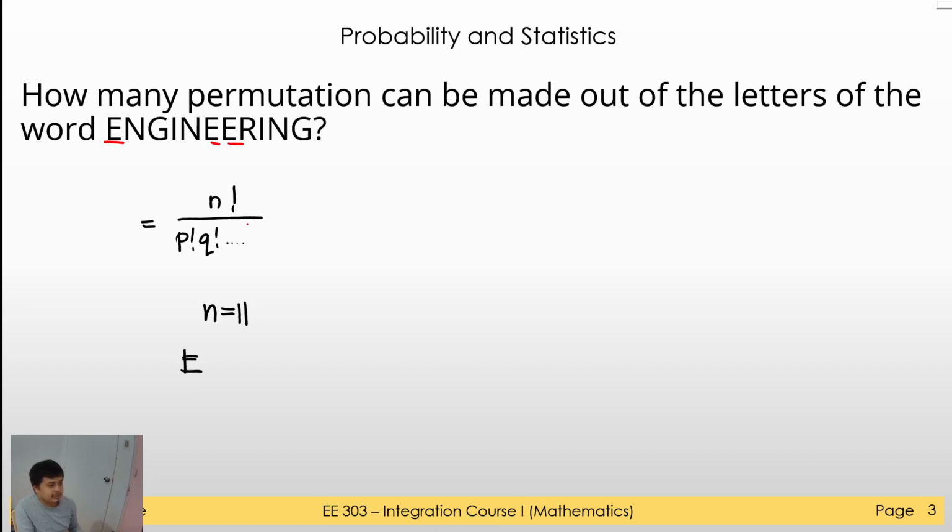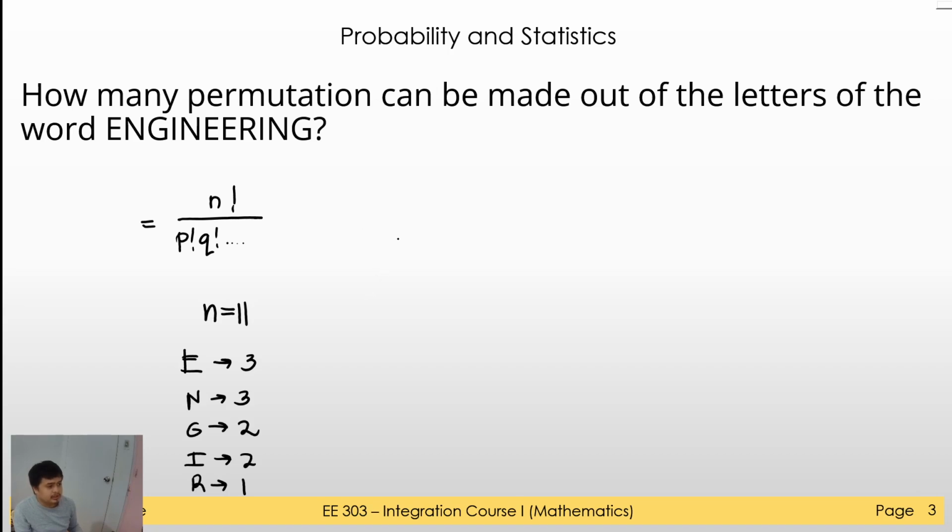We have 3 for E. For N, we have 3 as well. For G, we have only 2 G's. For I, we have 2 I's. What else? We already counted N and E. So the last one is R. We only have one R.